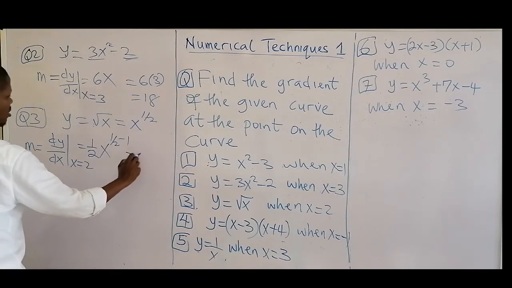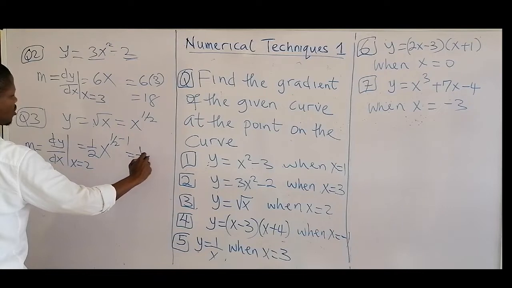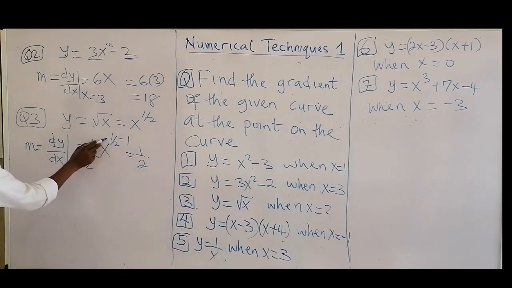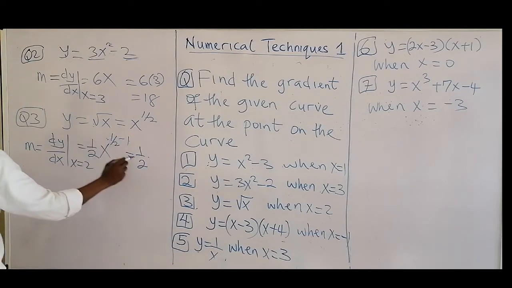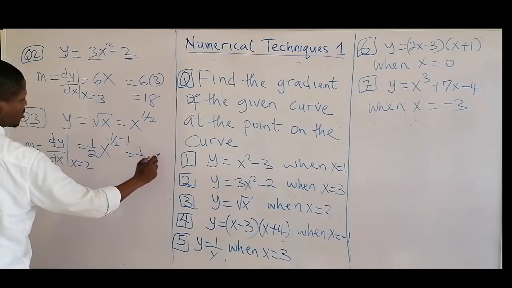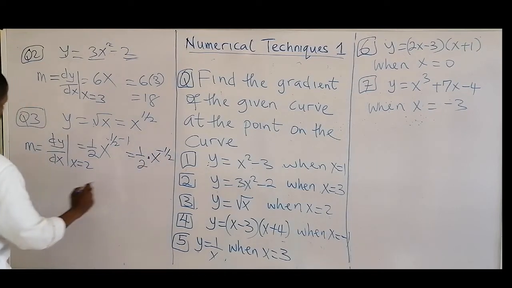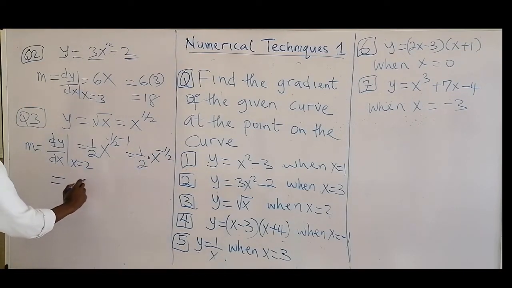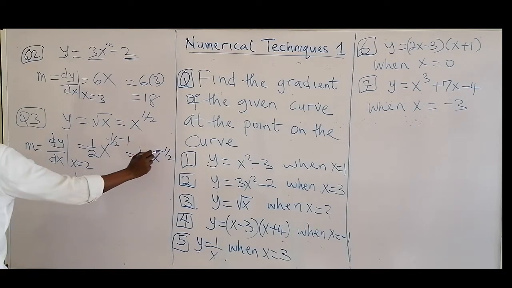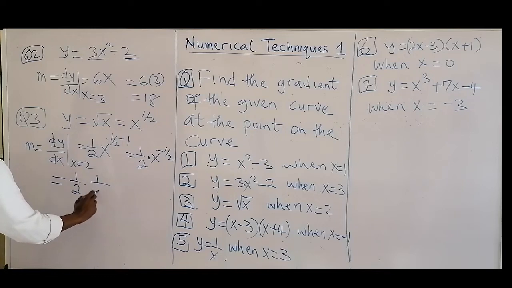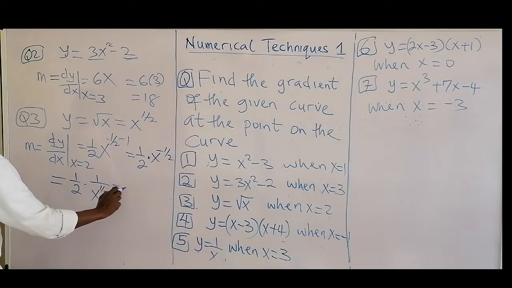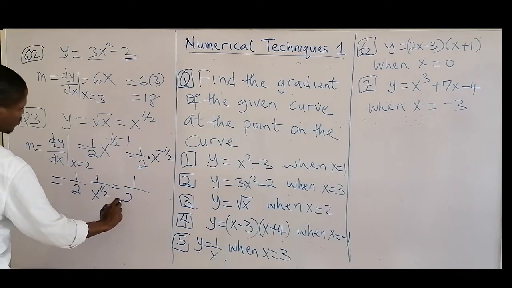That will be equal to half times x to the minus half, since half minus 1 is minus half, which is equal to 1 over 2 times 1 over x to the half, which is 1 over 2 root x.